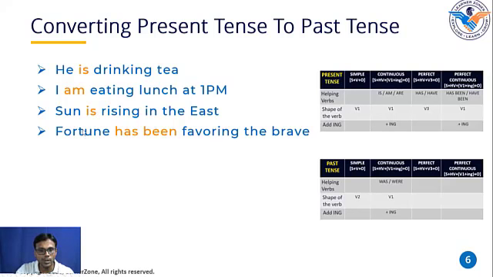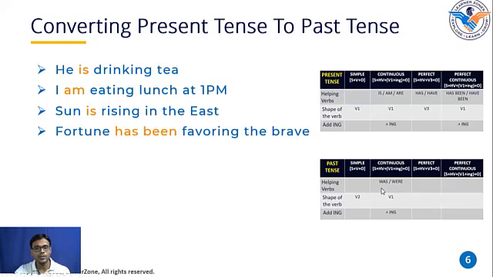Now if I want to convert this sentence to the past continuous tense, what do I need to do? I have to replace this helping verb with any one of these helping verbs. Fortune, it. So remember that table again. The pronoun of fortune is it.